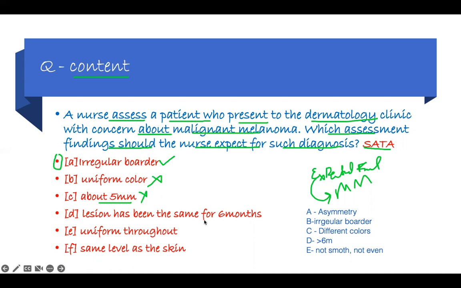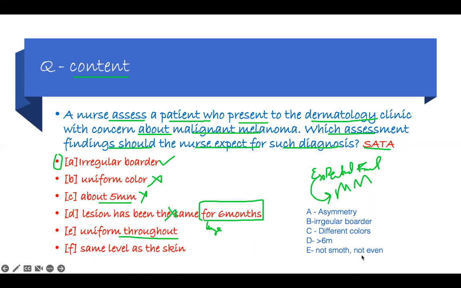The lesion has been the same for 6 months. That means it has no change at all. It has not evolved, and melanoma changes over time. So this is wrong. Then, can be uniform throughout.